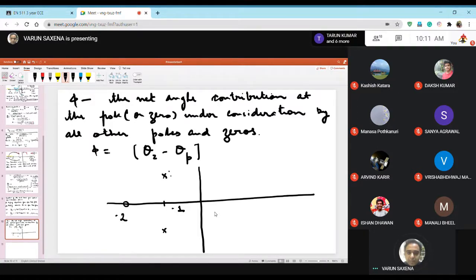So if I want to know what is the angle that the -2 line, so you make it like this. What is this angle that this is subtending? This angle. Can anybody tell me? This is the pole under consideration, this one. 45 degrees.